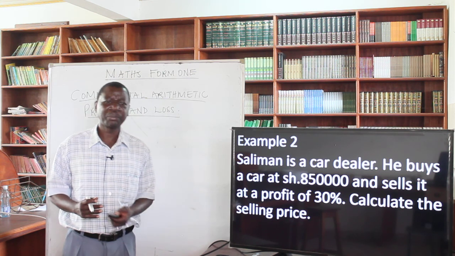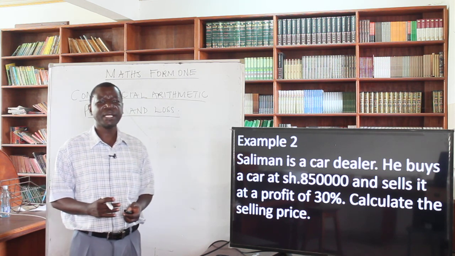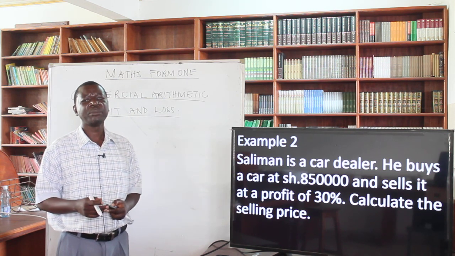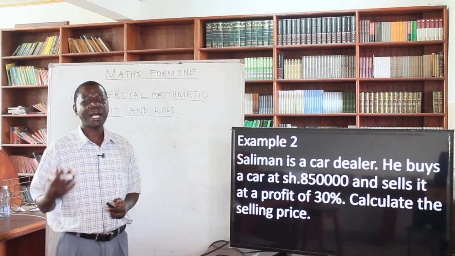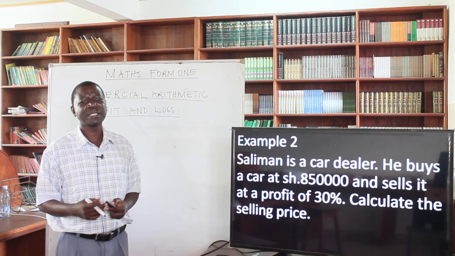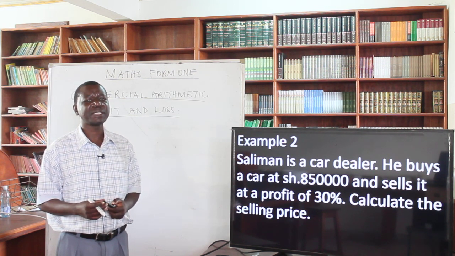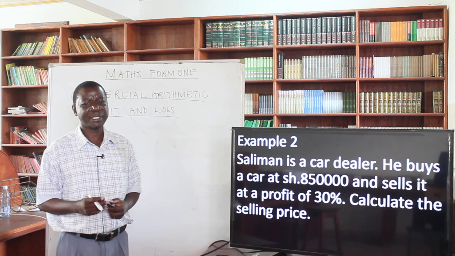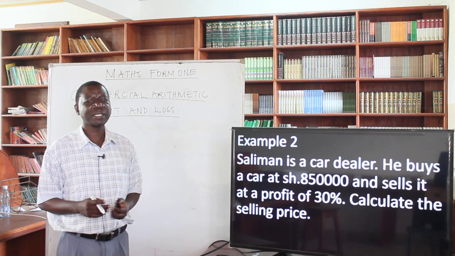Like in this example, Salman is a car dealer. He buys a car at 850,000 and sells it at a profit of 30%. Calculate the selling price.